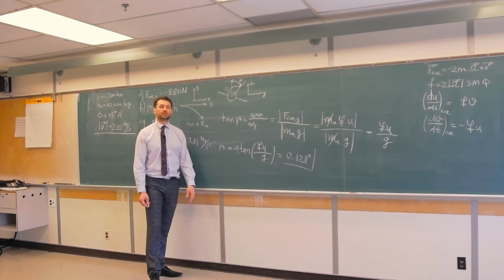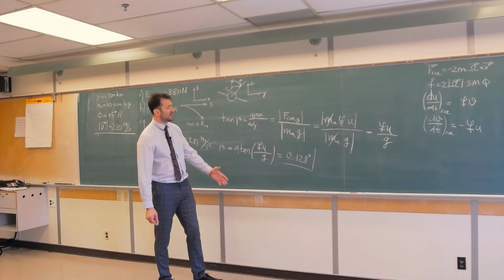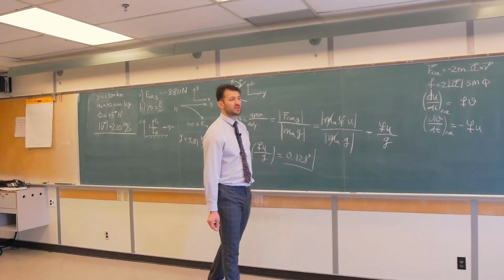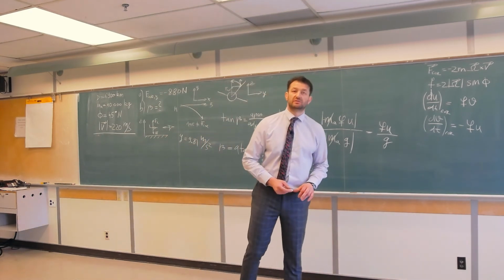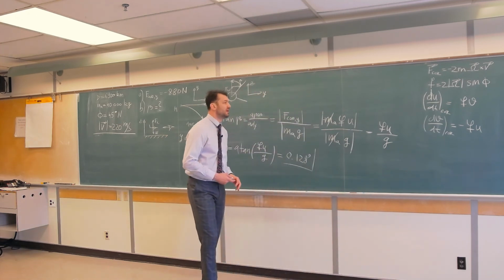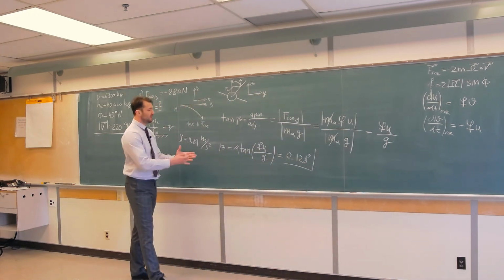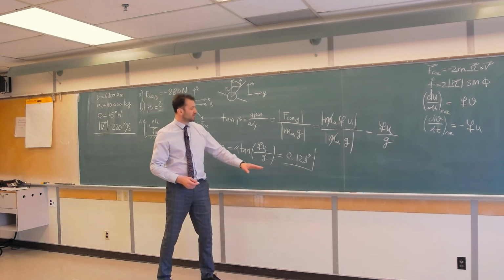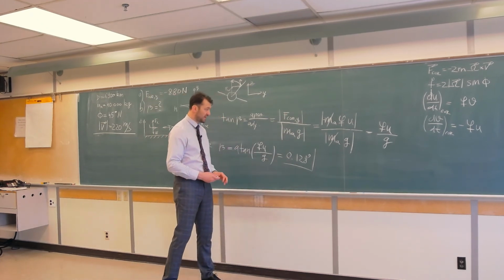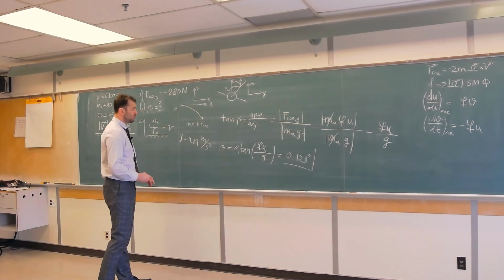Fortunately, our beautiful planet has the angular velocity that it has, 7.27 times 10 to the power negative 5 radians per second, and therefore the bank angle is not so severe. And that's why you don't even notice it.